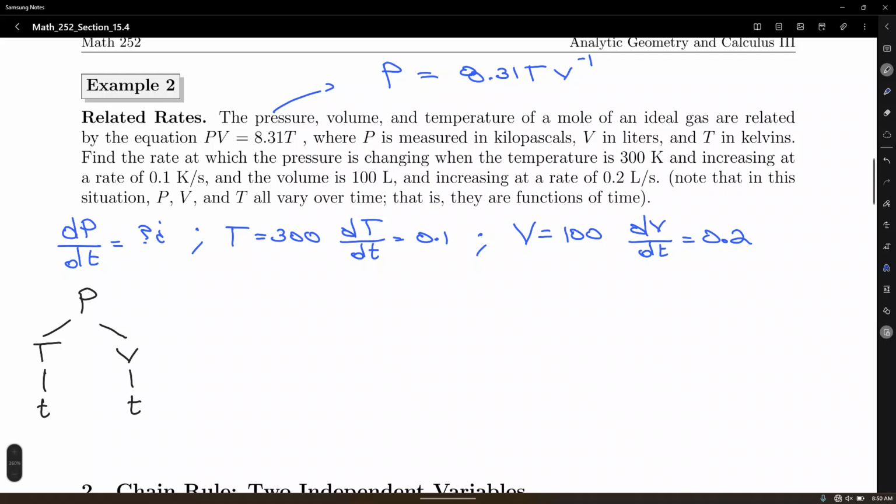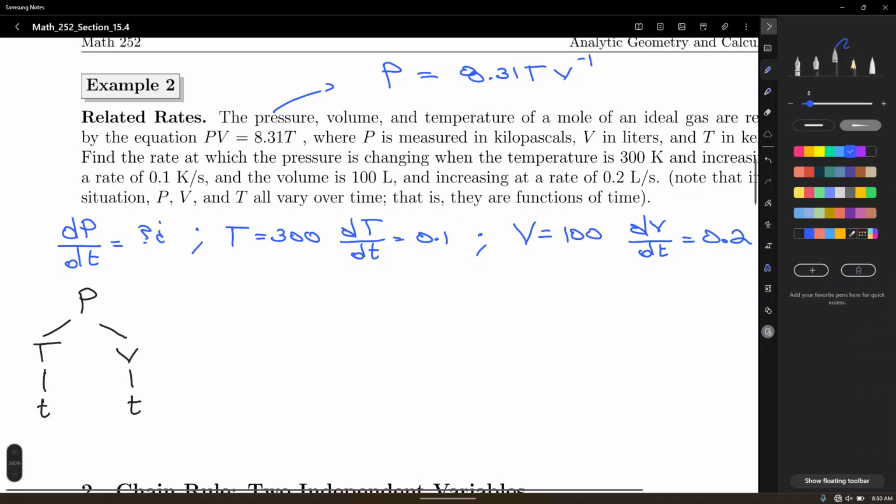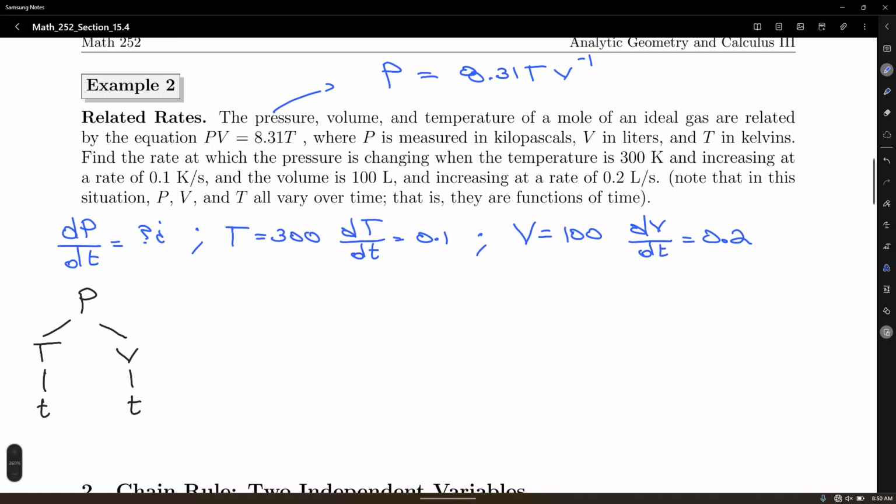That means we're going to set up a chain rule expression for the part of the change in pressure that is contributed from the temperature branch plus the part that is contributed from the volume branch. Let's write our expression first. That is dP/dt, the temperature contribution first, dP/dT times dT/dt, plus the contribution from the volume, dP/dV times dV/dt.